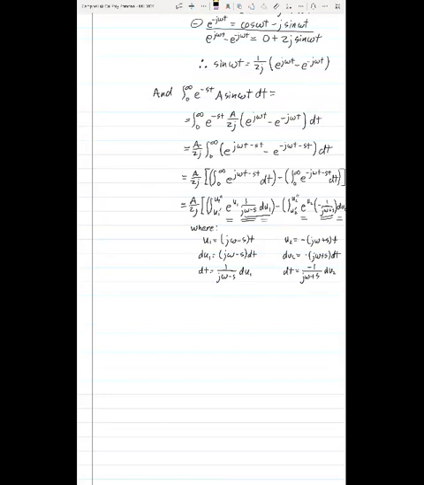So let's go ahead and capture all of that. And so I get a over 2j, and then for the integrals, we get e to the u1 evaluated from u1 prime to u1 double prime. All that multiplied, and here I'll put the constant on the backside, 1 over j omega minus s. And then we have a negative.